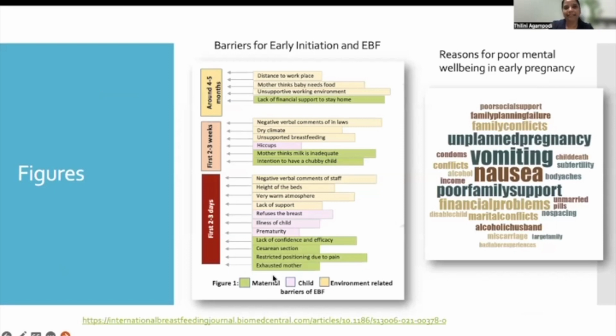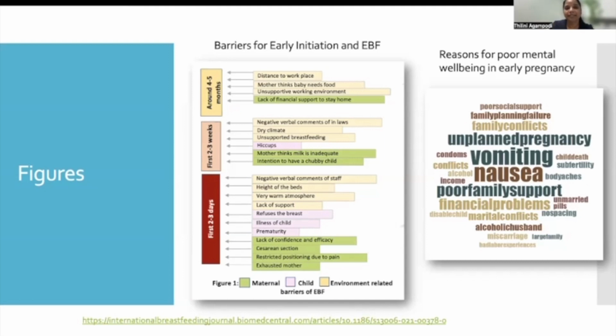This is a study conducted through interviews on postpartum mothers, up to 6 months after delivery, about their breastfeeding experiences. When we conducted the study, we were able to see that there are barriers related to the first 2 or 3 days. Then there is a set of barriers that comes into play around 2 to 3 weeks after delivery.